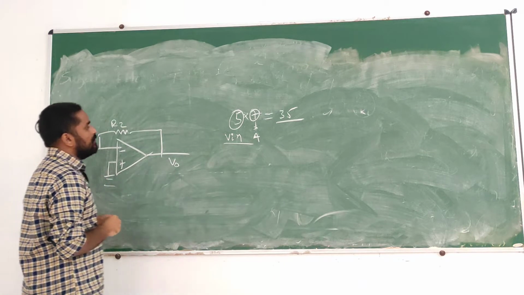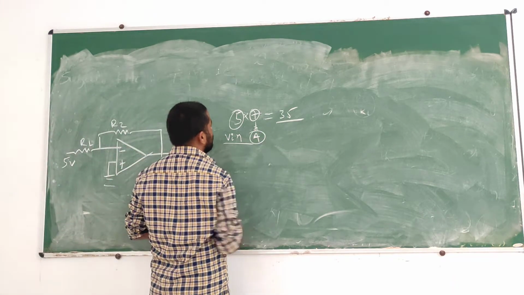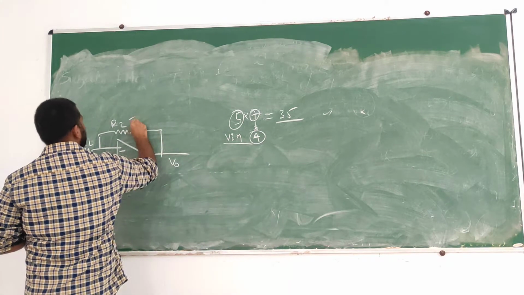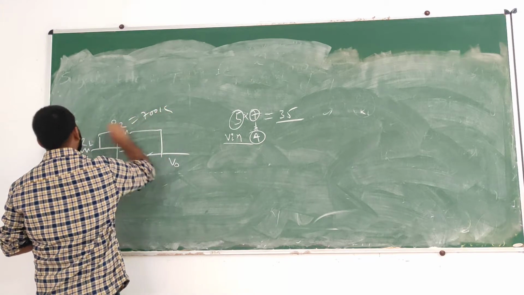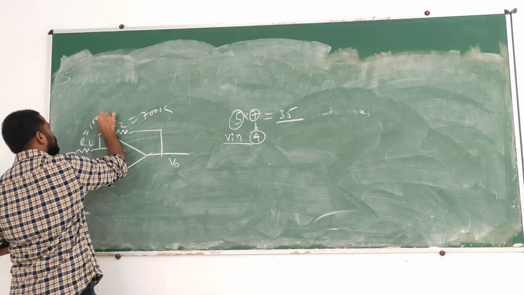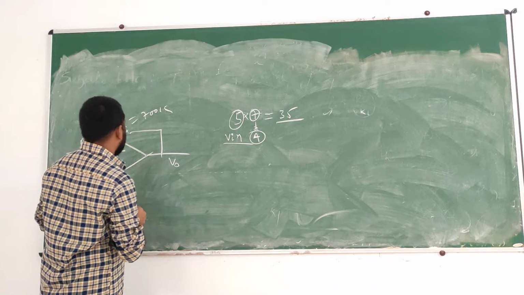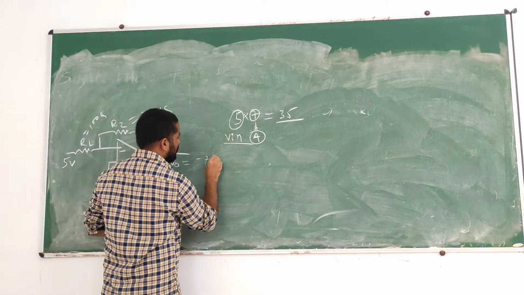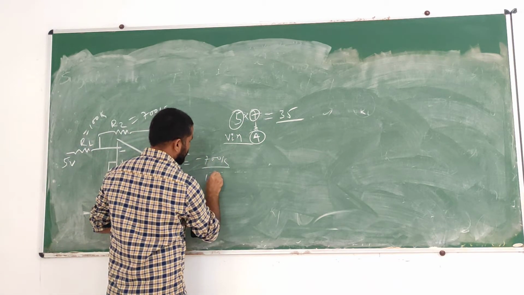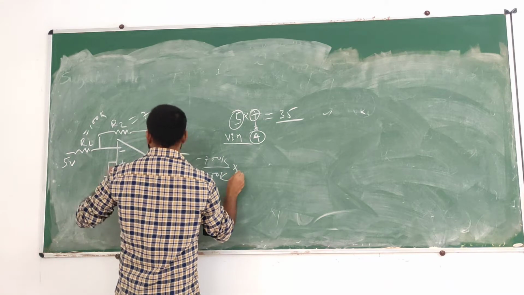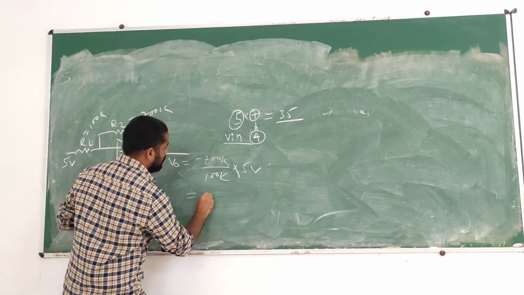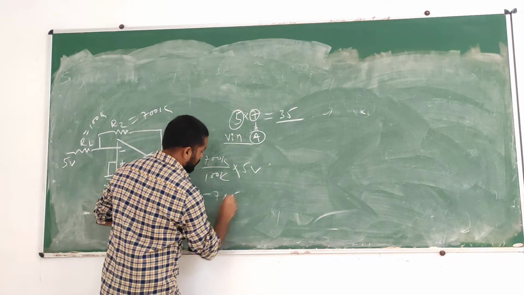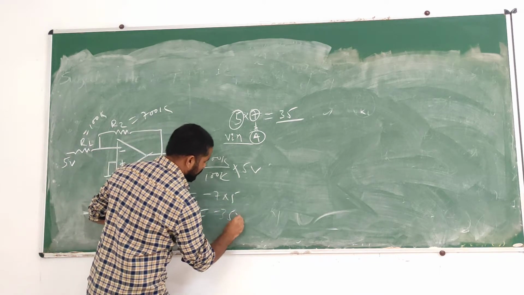Now what you need to do, you need to put the gain as 7. How to make the gain? Put this as a 700k and this as a 100k resistance. Now you got the gain equal to minus 700k by 100k into 5 volt. This is nothing but minus 7 into 5 is equal to minus 35 volt.